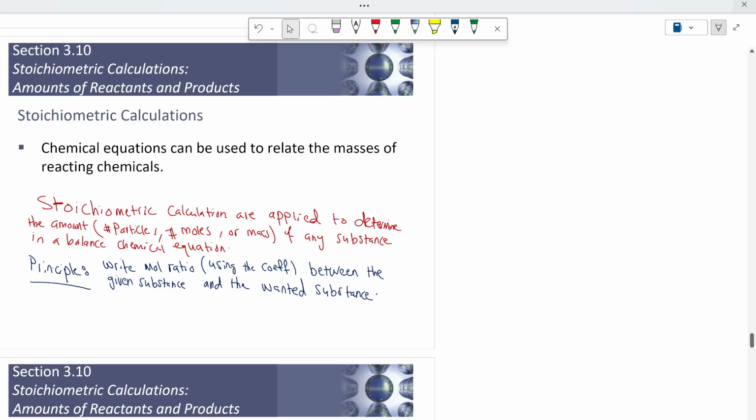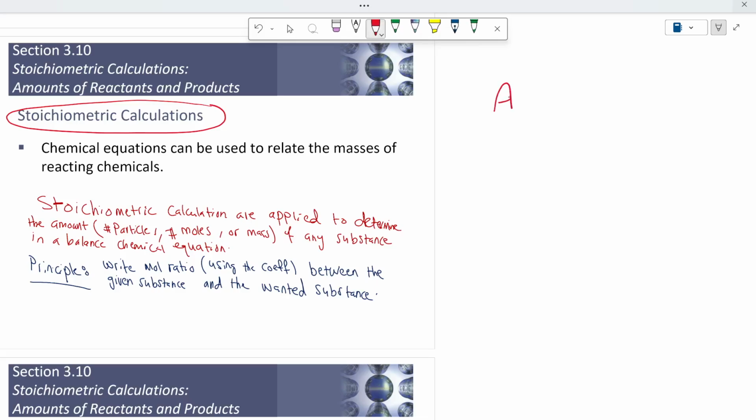Now let's proceed to the stoichiometric calculations. Stoichiometric calculation is the core and the key topic in the chapter. Don't forget, stoichiometric calculations are the calculations related to the quantities or the amounts of reactants or products in any balanced chemical equation.